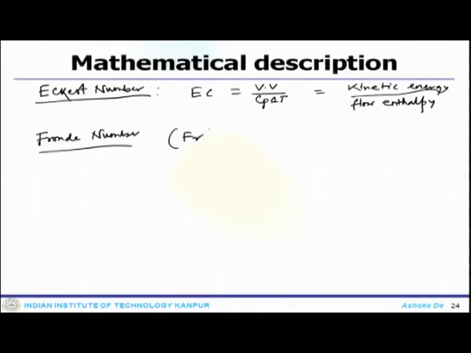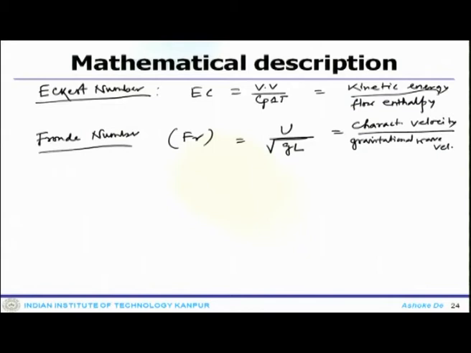And when you talk about hydrodynamics, then you get the Froude number, which is typically represented as Fr, the ratio U by root GL. So, it is a ratio between a characteristic velocity scale and the gravitational wave velocity.